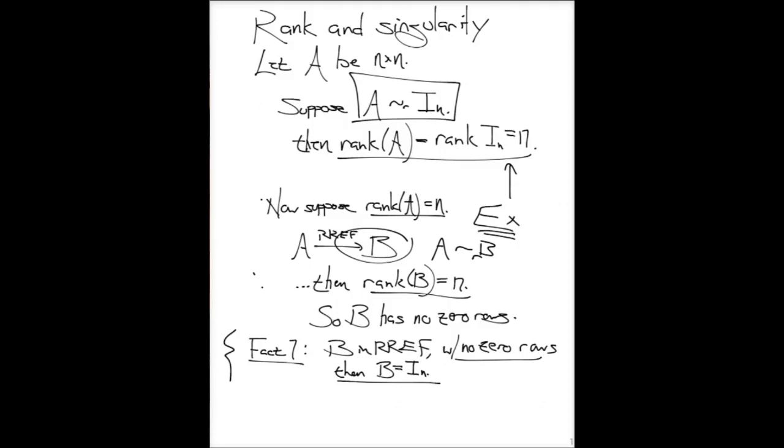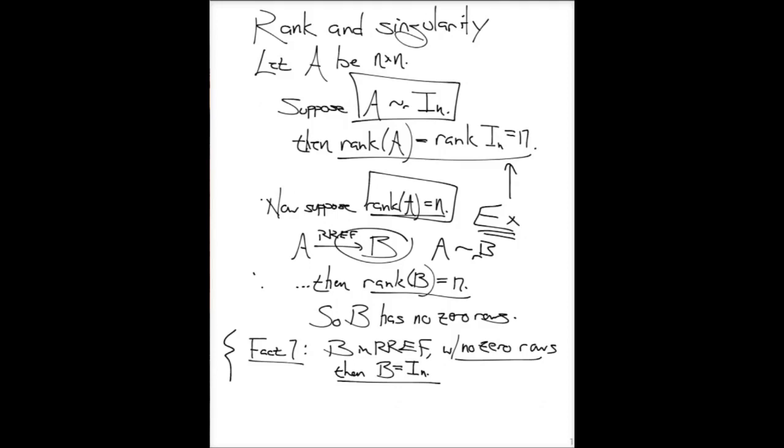So, to summarize again, we're supposing that the rank of A is equal to n. We take A to reduced row echelon form B. Then B has rank n as well, since they're row equivalent. We conclude that B can't have any 0 rows. Therefore, we have a matrix B, which is in reduced row echelon form with no 0 rows.